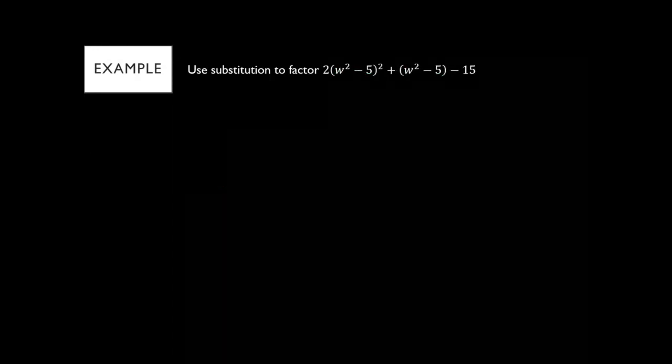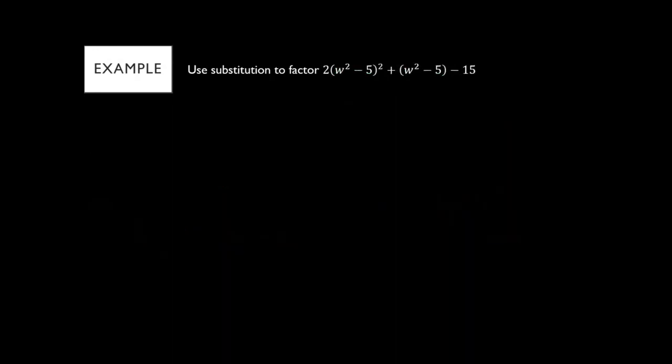Okay. So here's another one. We've got 2, and then in parentheses, w squared minus 5, plus w squared minus 5, and then minus 15. So what is going to be our substitution here? Feel free to type that in the chat.